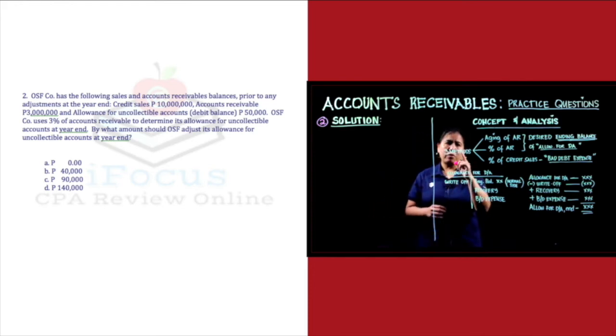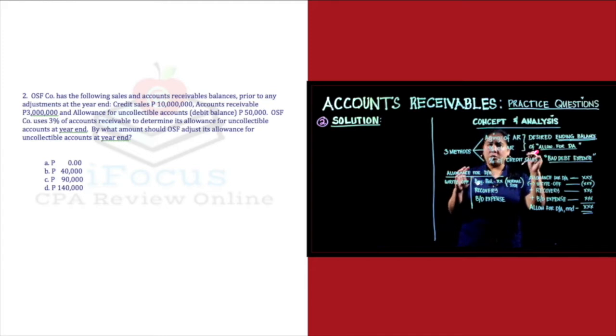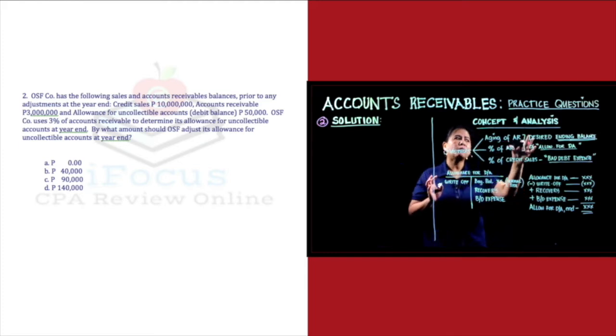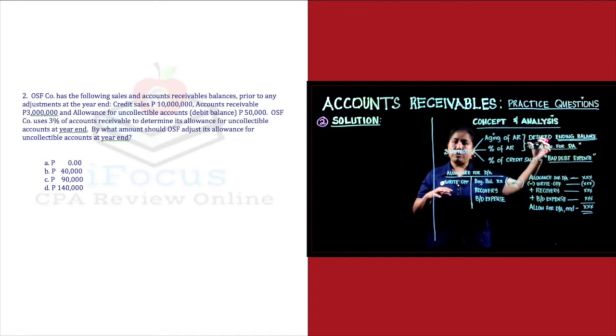At itong tatlong method na ito ay, first, we have our aging of accounts receivable, percentage of accounts receivable, at ito nga pong percentage of our credit sales. Itong dalawang itong aging of accounts receivable at percentage of accounts receivable, yung makukuha nating amount dito, ito po yung desired ending balance ng allowance for doubtful account.